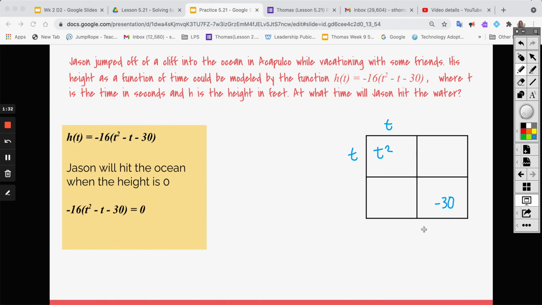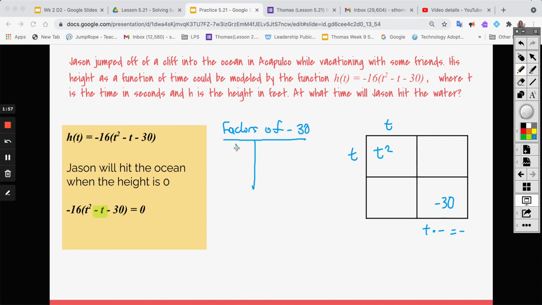So in order to get a negative 30, we're multiplying a positive times a negative to give the negative result. So what are factors of a negative 30, which when we add them together will give us a negative 1? Okay, so that's what we're looking for.